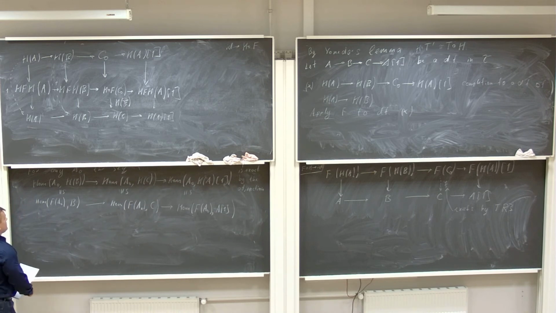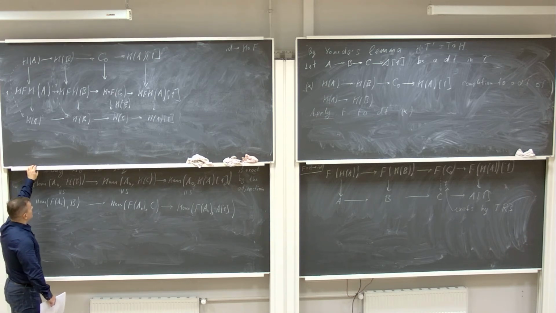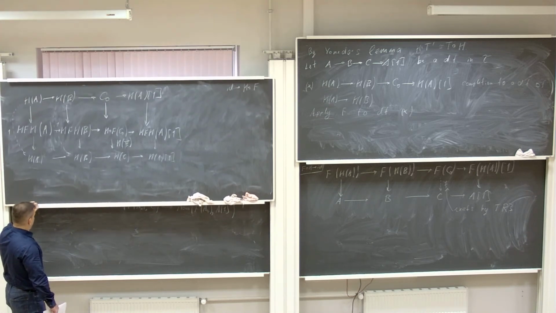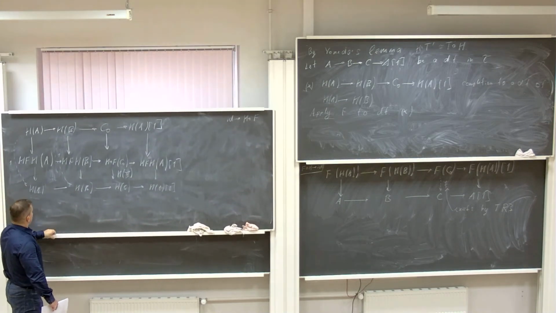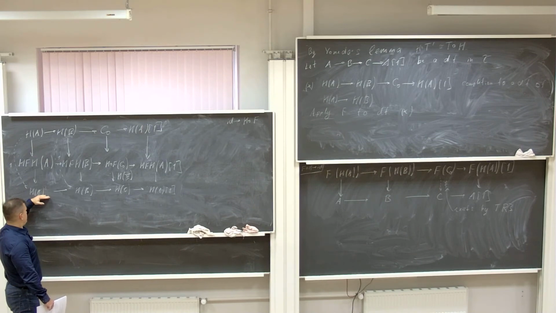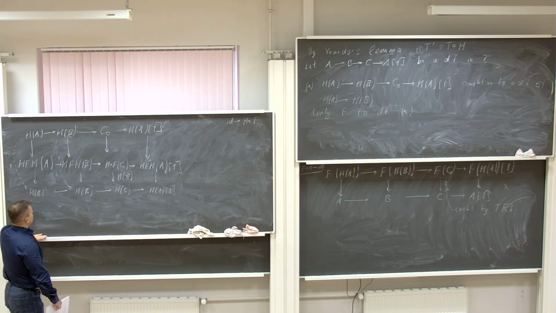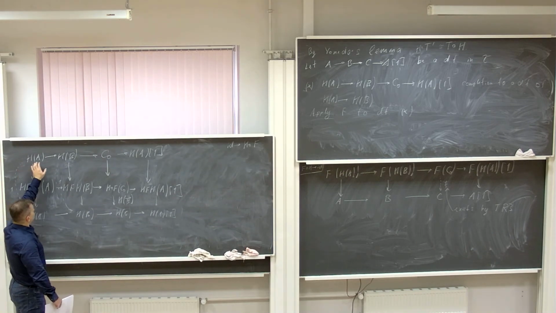And now I use the same trick as before. If I know that this sequence is exact, where I choose some A0 and apply Hom A0 something to this part, I get, say, a long exact sequence, and I also have the long exact sequence for the first row because it's a distinguished triangle.